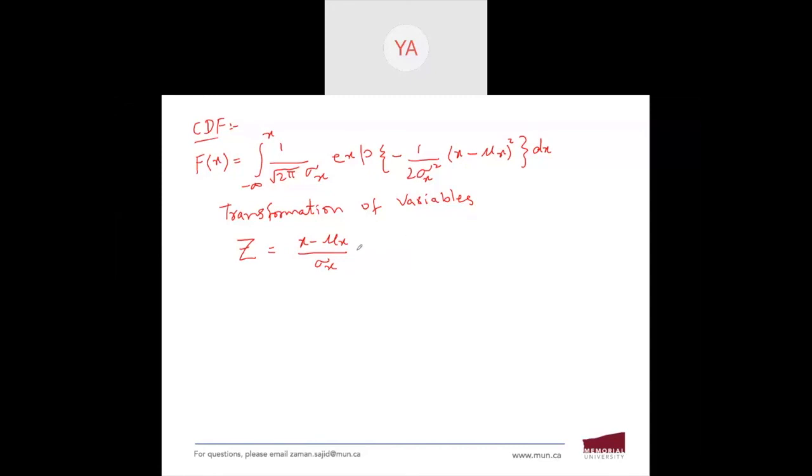Now this property, which I have assumed here, I can use to find the derivative of x with respect to z. I multiply z by sigma of x, which gives z sigma of x equals x minus mu of x.